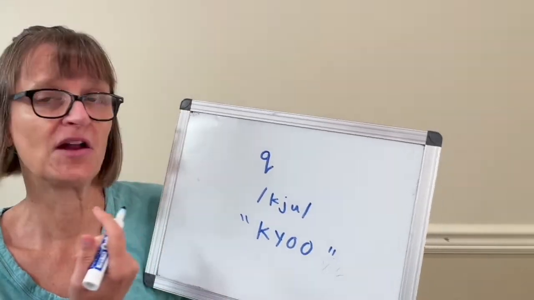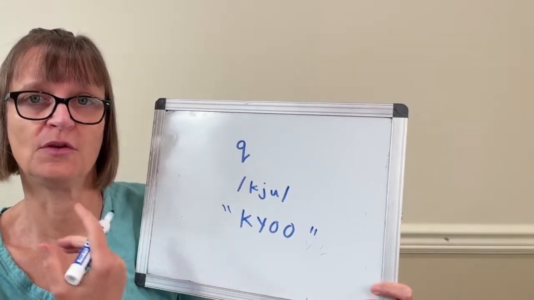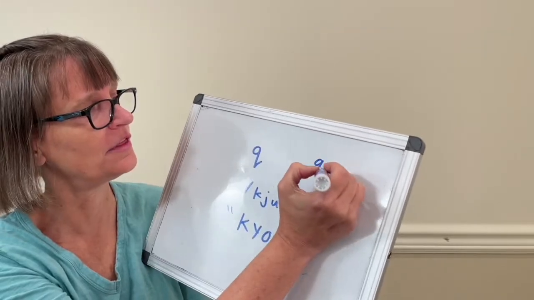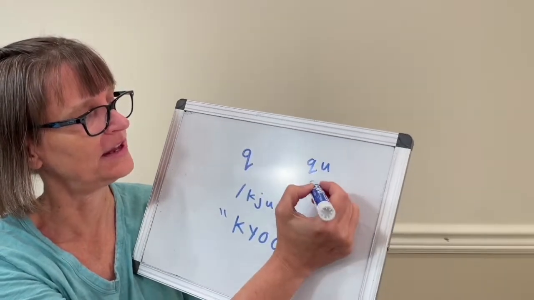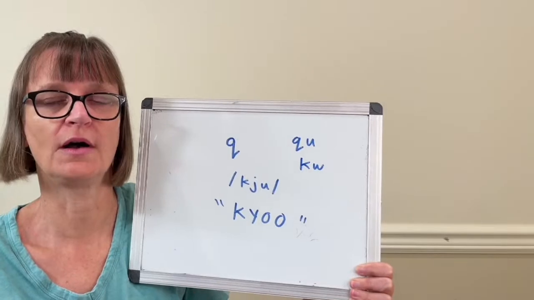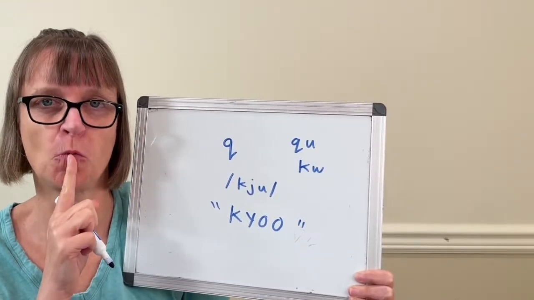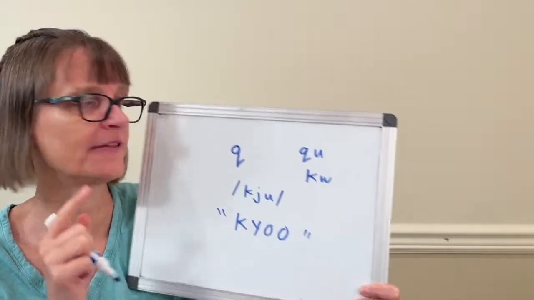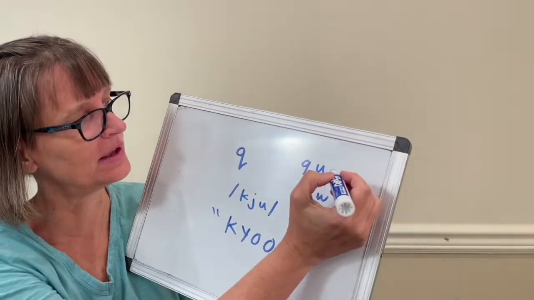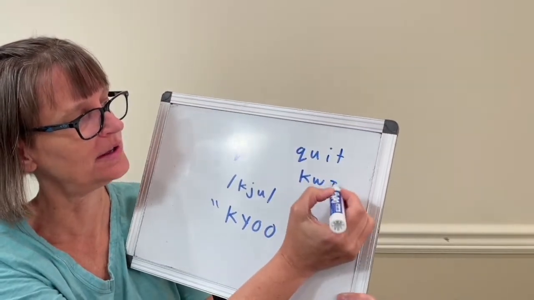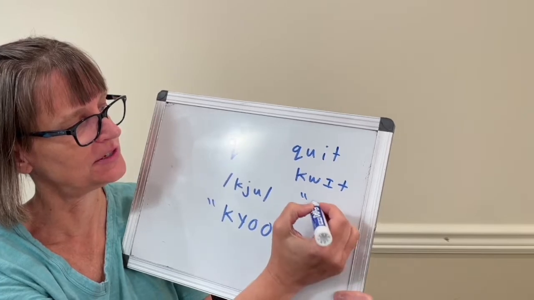If we're talking about how to pronounce the letter Q in words, it's often together with QU, and it's usually pronounced like kwa. So we have a gliding w and a k sound together. So for example, in a word like quit, we have quit, quit.